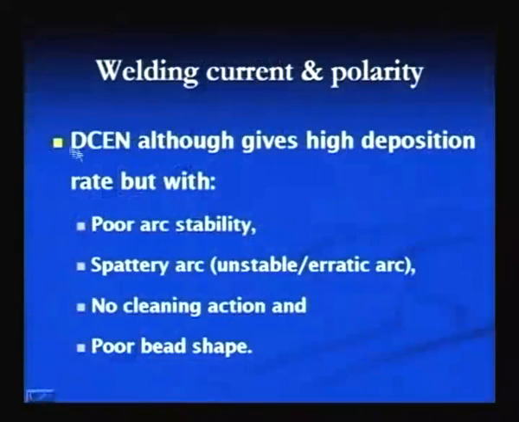That advantage is not available with the DCEN here, because in this case the electrode is made negative and workpiece is made positive. If the workpiece is made negative, then electrons will be released from the mobile cathode spot and we will get the advantage of the cleaning action.